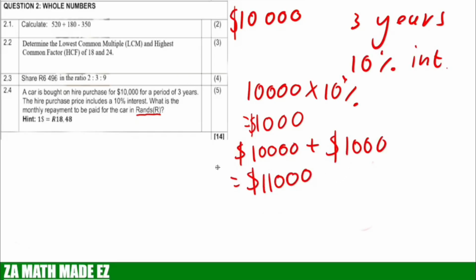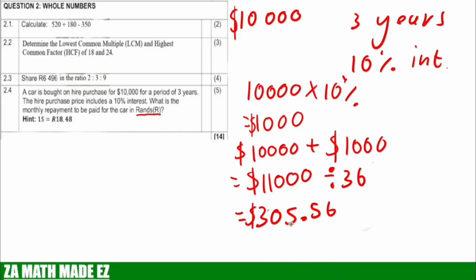Okay, now let's go back to the question. What is the monthly repayment to be paid for the car in rands? So now we want to calculate the monthly repayment over 3 years. How many months are there in a year? 12. What is 12 times 3? 36. So we must divide this number by 36 months, which is 3 years. And that would be 305.56 cents.